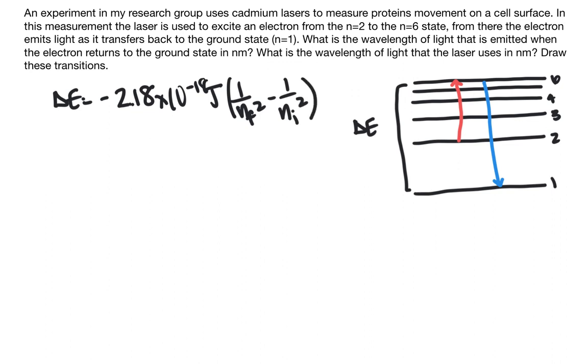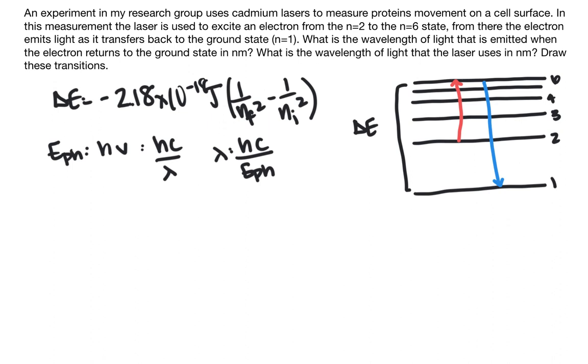And once we have delta E, we know that that's the energy of a photon. So E photon equals h nu. And if we're looking for wavelength, it also equals hc over lambda. So you could rewrite this to be lambda is equal to hc over E photon. And E photon is equal to delta E in this case. So now we have this information.